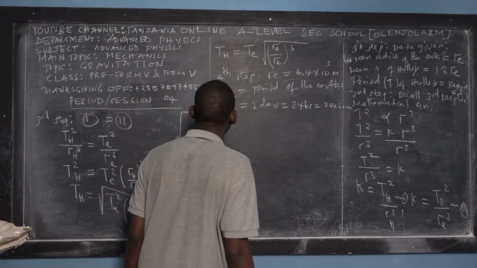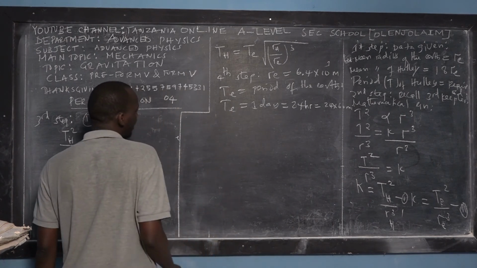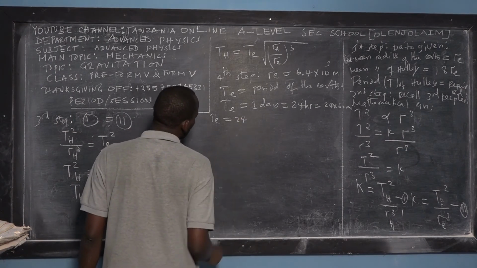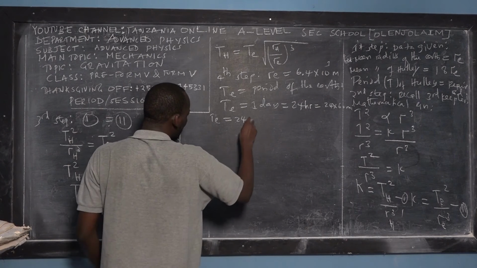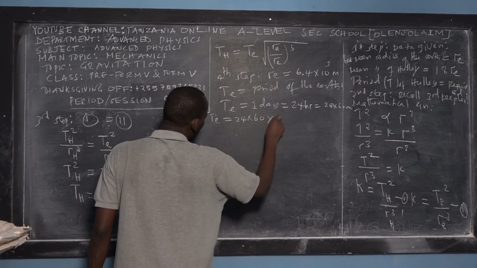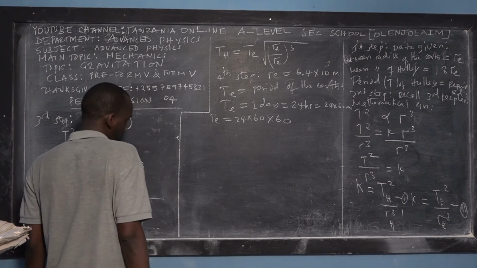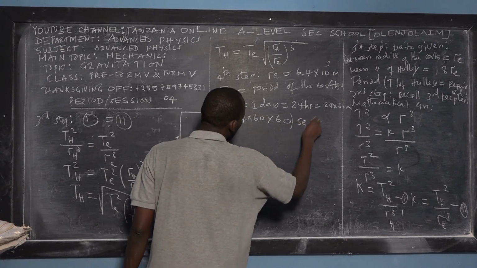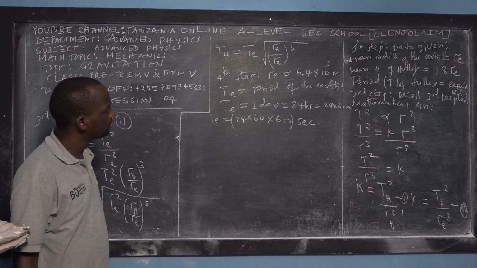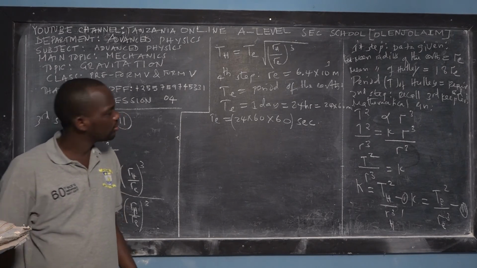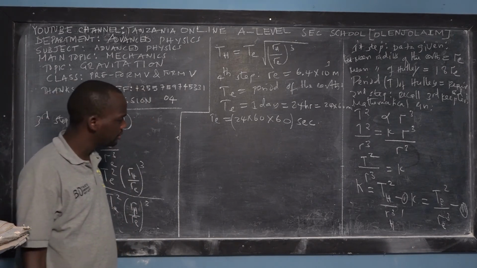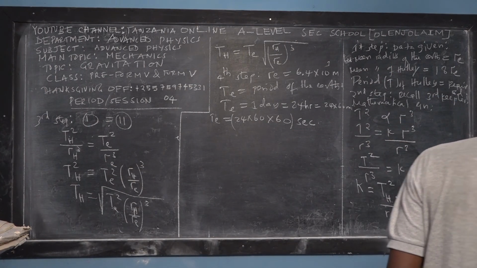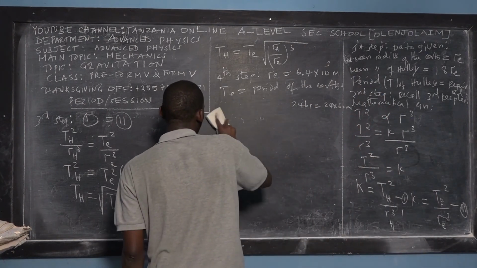Then we have 24 multiplied by 60 times 60. This will be seconds. Okay, this is just what I was doing for one day. Excuse me. I didn't finish this sentence, let me finish it properly.